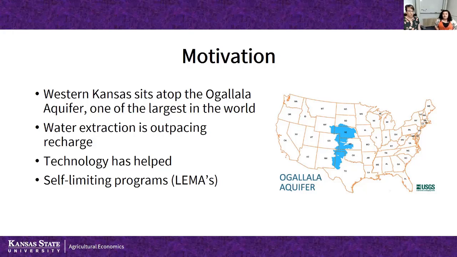These are basically counties or groundwater management districts in which they're limiting how much water can be pumped out of that county. Currently, there are about 18 counties in Kansas that are a part of a groundwater management district that either has an active LEMA or is in the process of getting a LEMA.